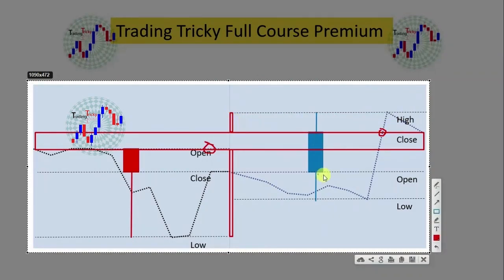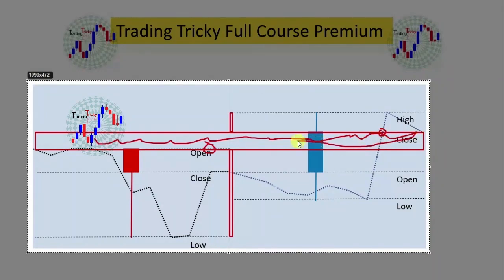Now you can see this is the 2 minute candlestick. Okay, so this is a green candle, the lower side has strong rejection, the upper side has small rejection.